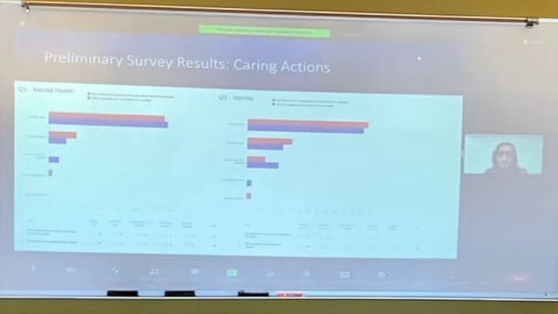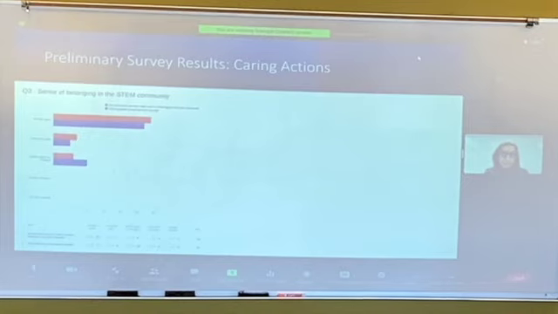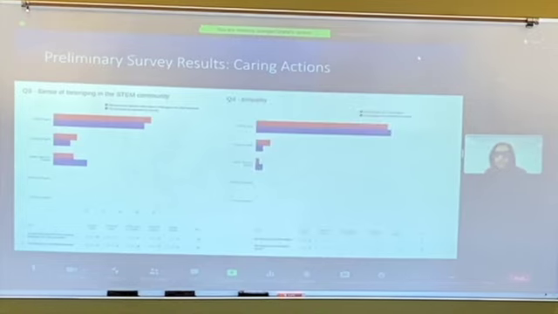And you can see the pattern continues where a majority of the students feel the same for all these caring actions. So sense of belonging in the STEM community. Yes, my instructors care that I feel a sense of belonging, and this increases my motivation to succeed. And then with empathy as well. Majority of the students strongly agree, and yes, they agree that this pushes them to succeed.